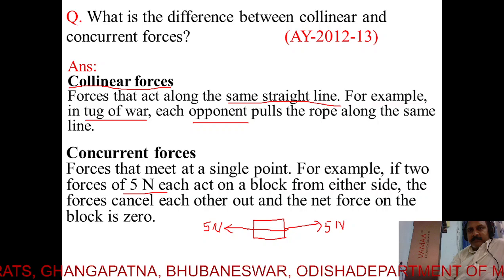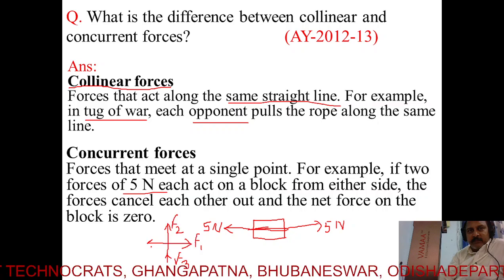Or you can say suppose in this way also. Clear? Here suppose these are all the four forces: this is your F1, you can take this as F2, and this you take as the inward force F3, and this also as an outward or inward force, whatever it is, F4.